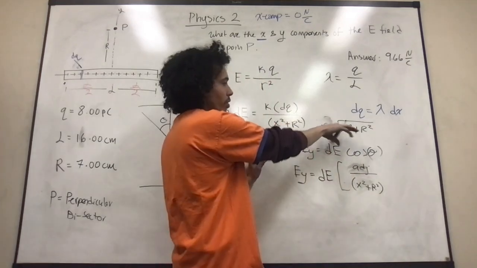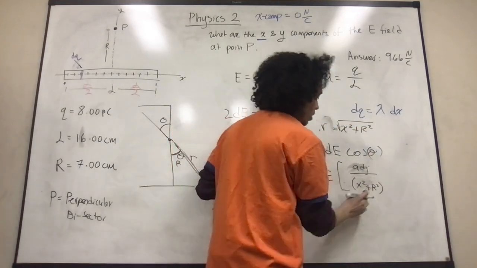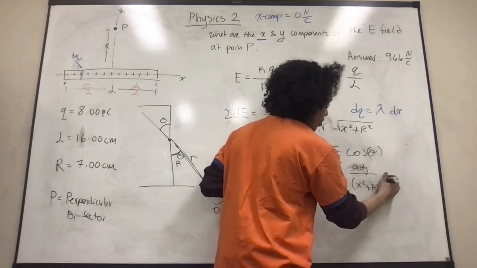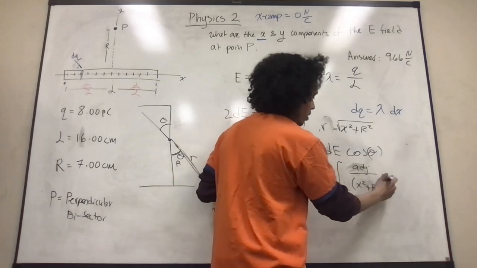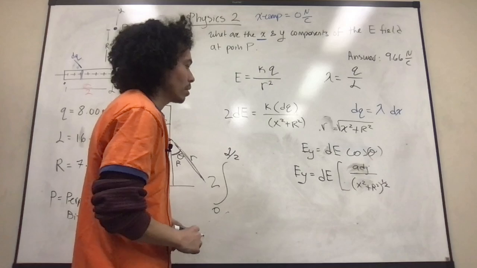We can also rephrase that as parentheses x squared plus r squared to the power of 1 over 2.